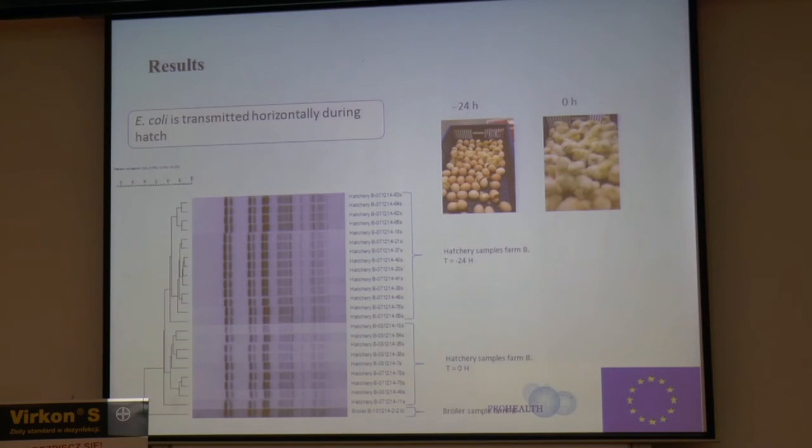So we see, of course, a horizontal transmission at the hatchery also of these E. coli. Again, not surprising, but the more we can document, the more we can show, we also have possibilities for intervention at a later stage, of course.